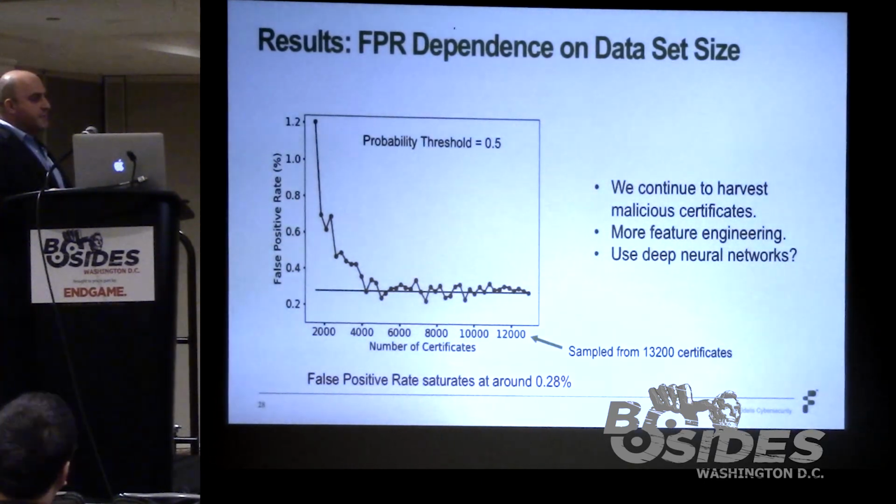Because if we want to squeeze out more accuracy, a lower false positive rate, we can still look at more data. We can still do more feature engineering. We can look at other, more complex methods, meaning deep neural networks, and see if this trend changes, if it keeps decreasing with the data set size. So we can still gain from collecting more data, and we can also still gain by making the classifier work better in the field.